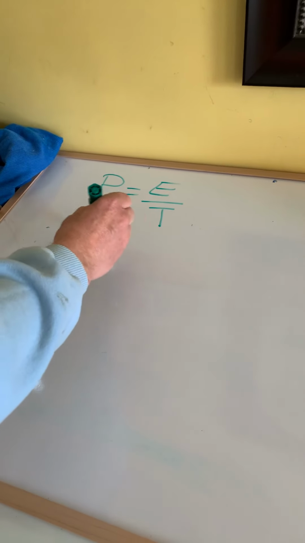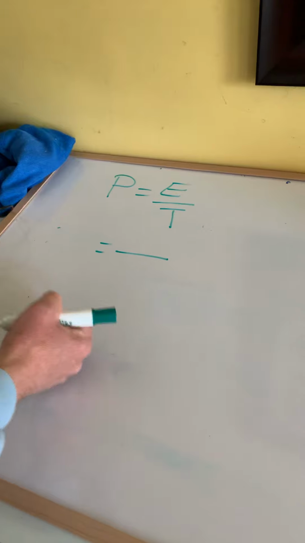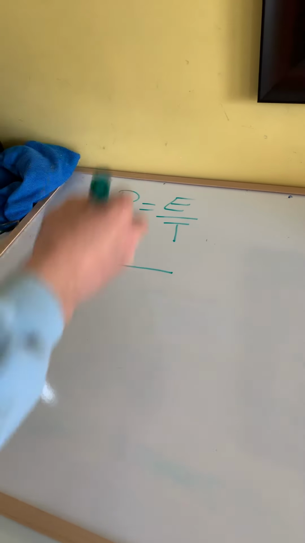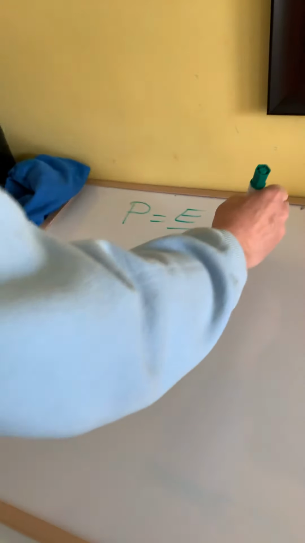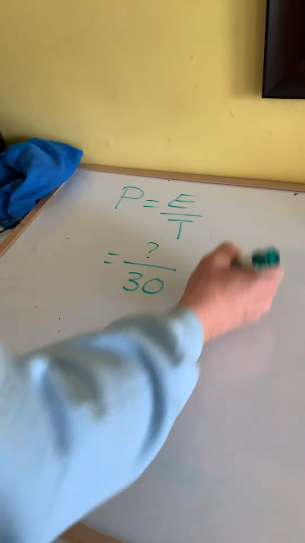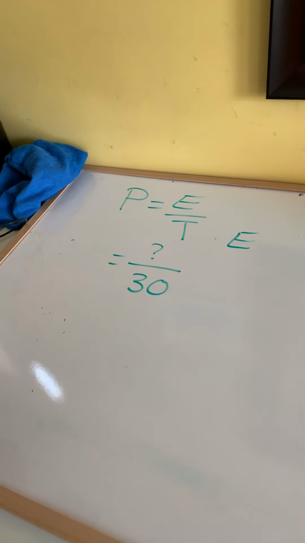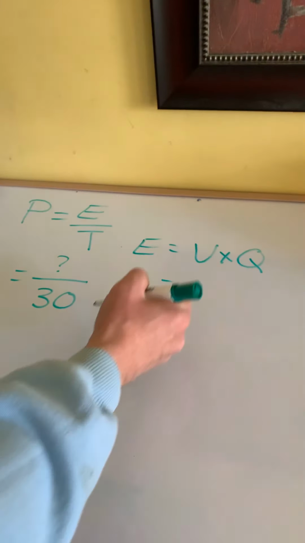What's the power produced in 60 seconds when a 250 coulomb charge and 300 volts are in action? It's another two-parter. Power is our energy over time. We're given our time, 30 seconds, nice and easy, so we don't have to convert to seconds. Energy, we don't know, right? But we do know from a side equation that energy is voltage times charge.